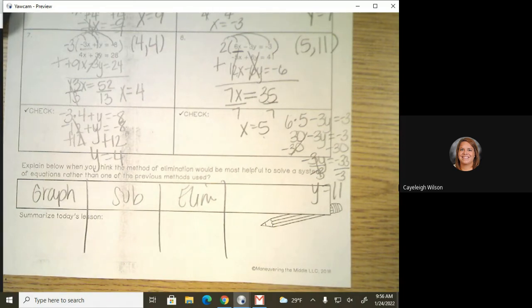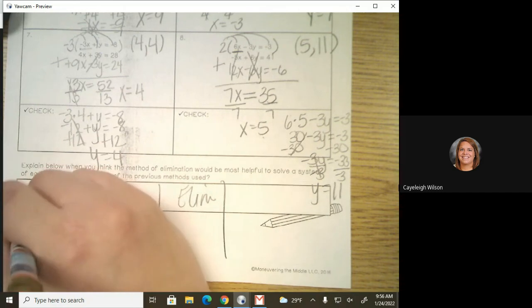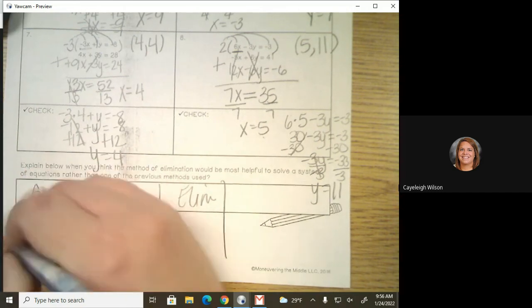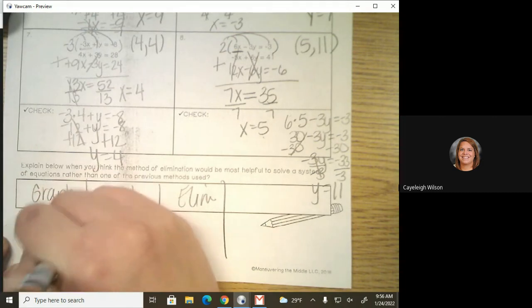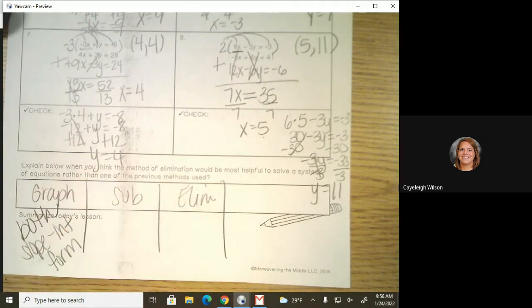So when I was solving by graphing, what did we always do to both equations before I could graph them? Slope-intercept form. So it's easier to use graphing when they're both in slope-intercept form. That means they're both y equals mx plus b.